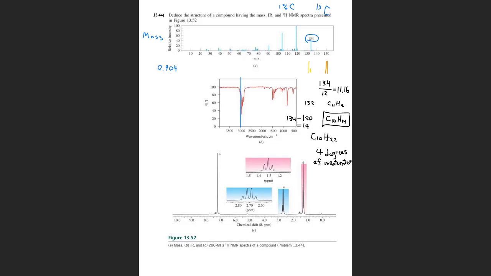So we definitely have an aromatic ring. I'm going to draw that case here. We have the chemical formula C10H14. We have an aromatic ring that accounts for 6 of those carbons and apparently 4 of those hydrogens.